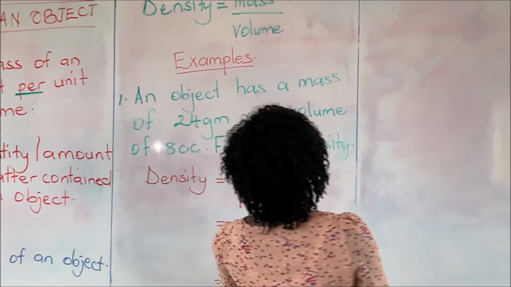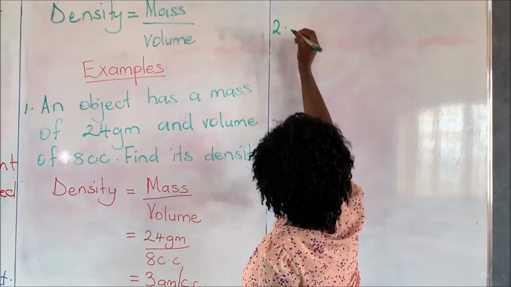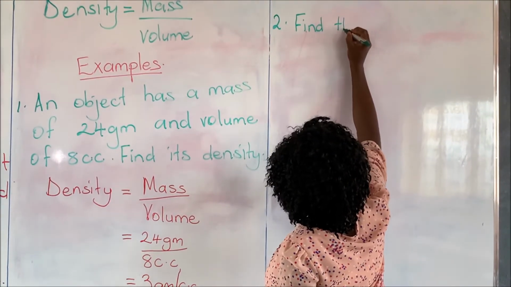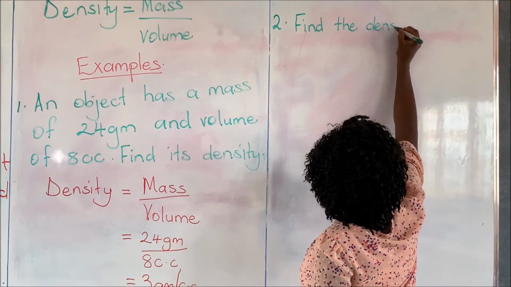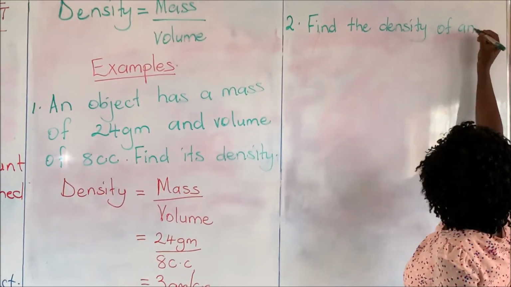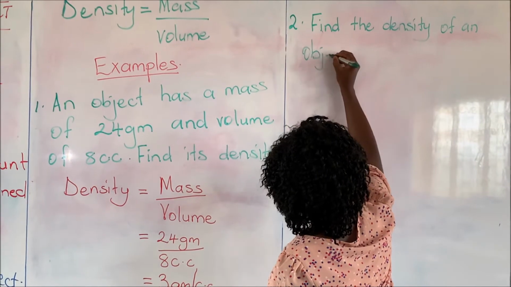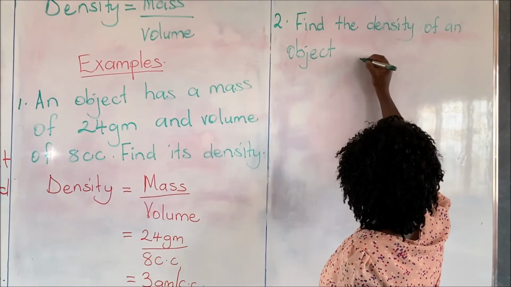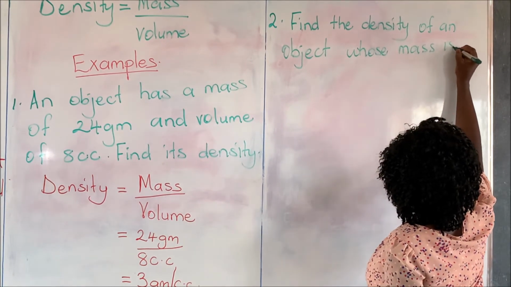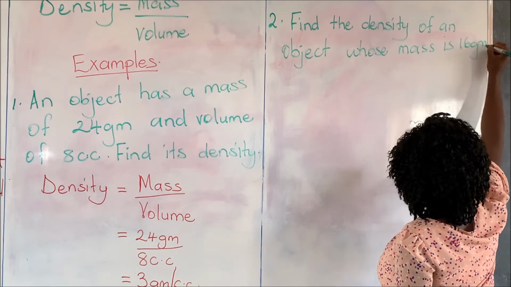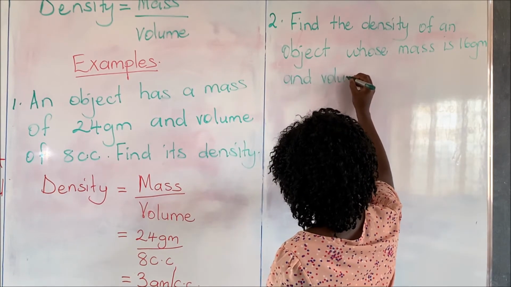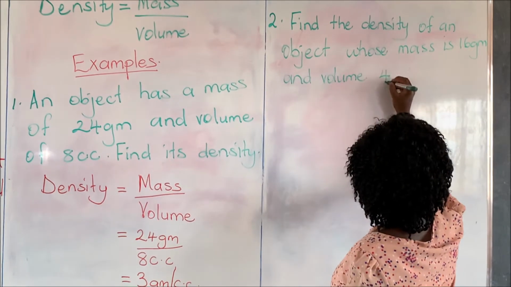We go to example number 2. Find the density of an object whose mass is 16 grams and in volume 4 cubic centimeters.